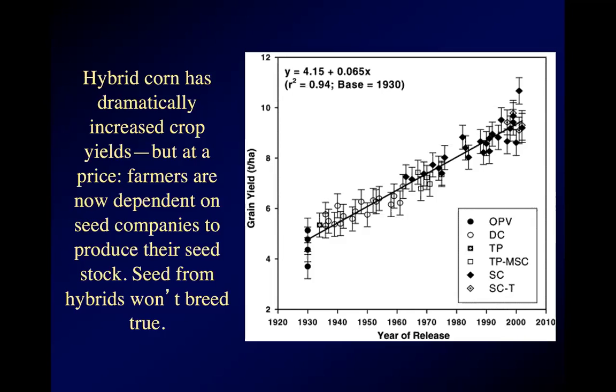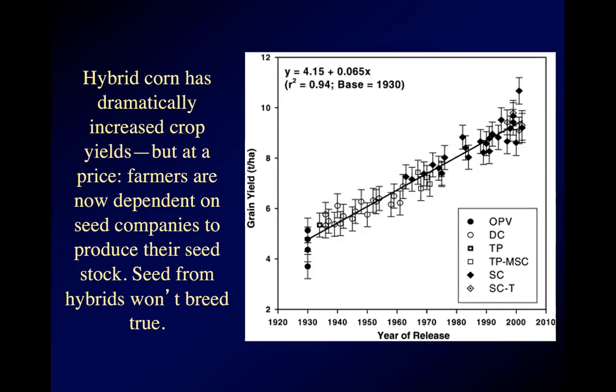And you can see that as different types of hybrids have been introduced, all of those open circles and squares and diamonds, crop yields have gone from being about 5 tons per hectare to about 9, almost 10. We've almost doubled corn production between 1930 and 2005.